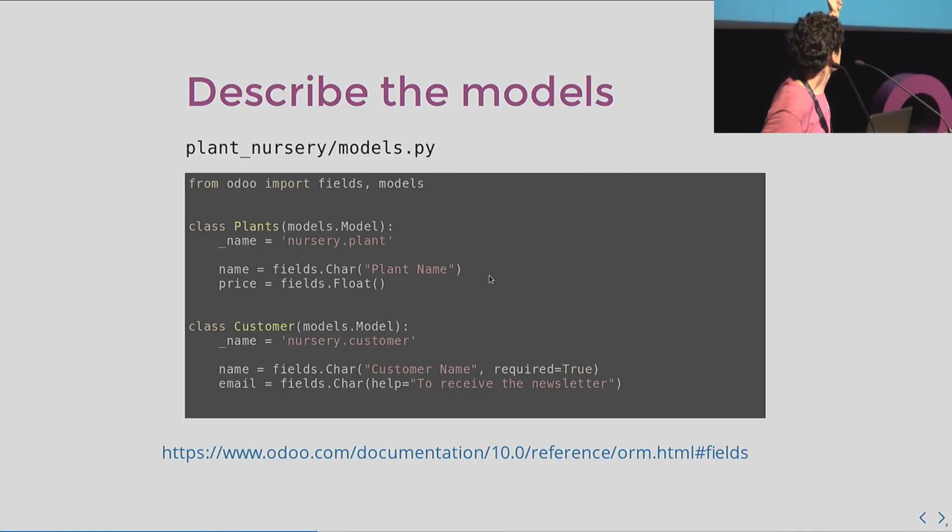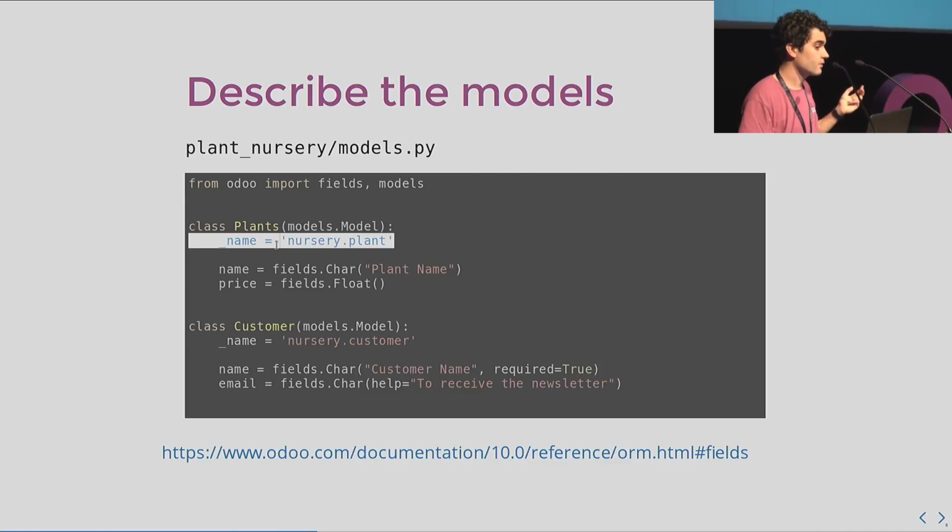some new Python class. The names of the classes here, plants and customer, do not really matter. What actually matters is the _name tag over there. This is the technical name of your model. Every time you want to make a reference to this model, you will use this tag.